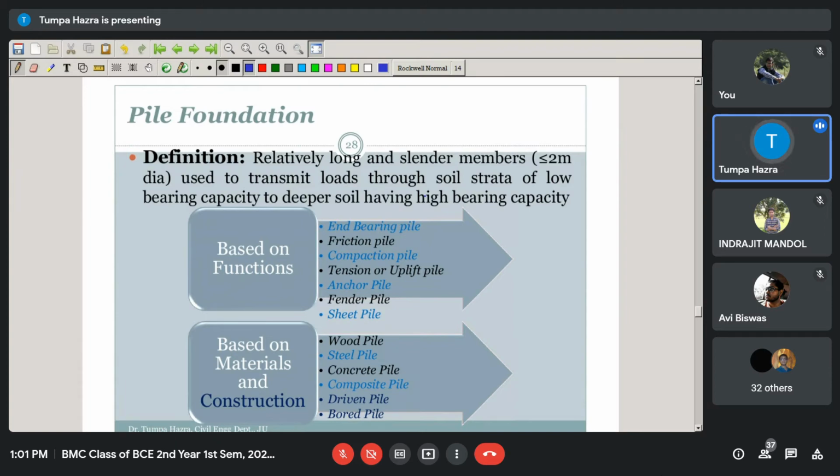Okay, and it is a relatively long and slender member, less than or equal to 2 meter diameter.